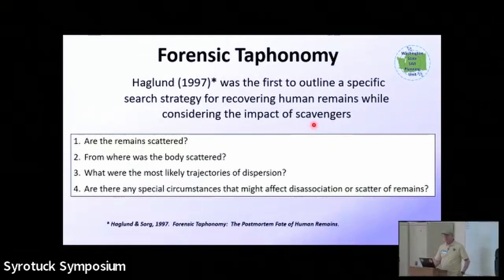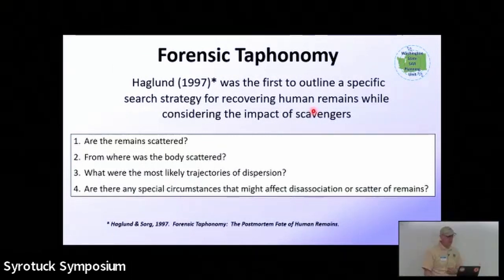we found that a researcher named Haglund had begun to put together some systematic thinking about locating human remains. He began with a series of pretty high-level questions. Are the remains scattered? Is there evidence of that? Do you have an IPP? From where was the body scattered?